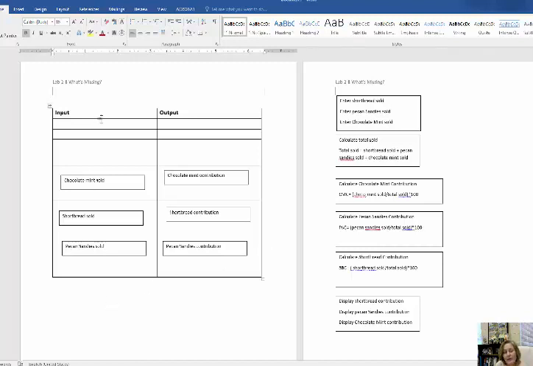So we got to go back to our input-output chart, and we're going to add a processing item. Remember, a processing item is something calculated or used in a program but not entered. So total sold would go here because we're going to calculate that from the input item.